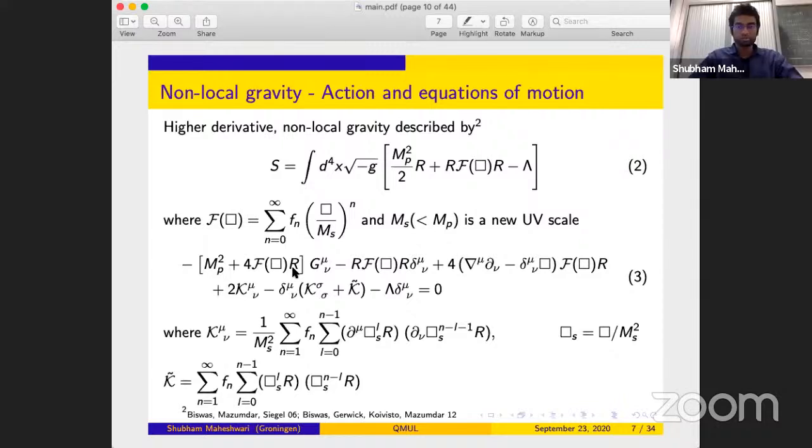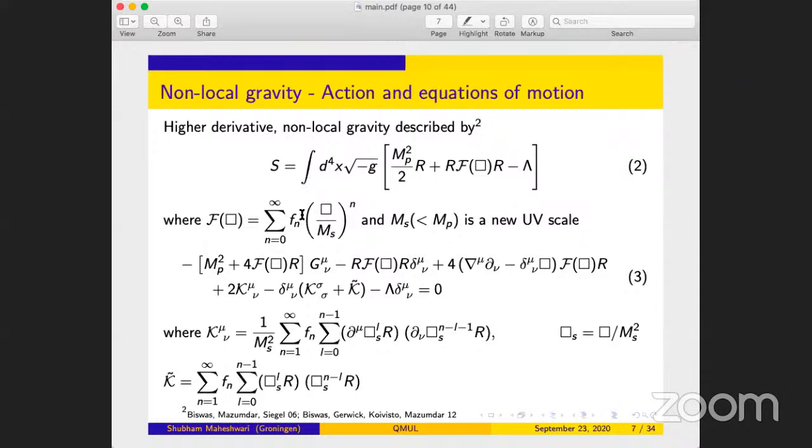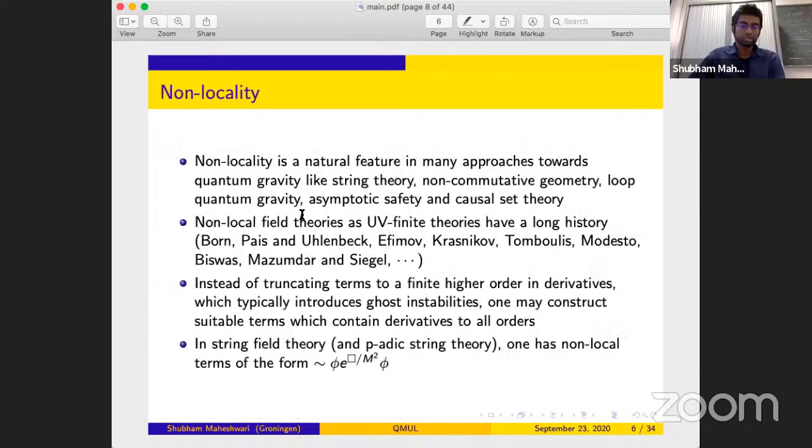Yeah, well, there is one way of looking at it. It's because you have an infinite series of derivatives, although this is analytic, so there are no inverse powers of box over here. It only has zero or positive powers in box. You don't have box inverse. But one way of looking at it is, you can write it in an integral form as well.